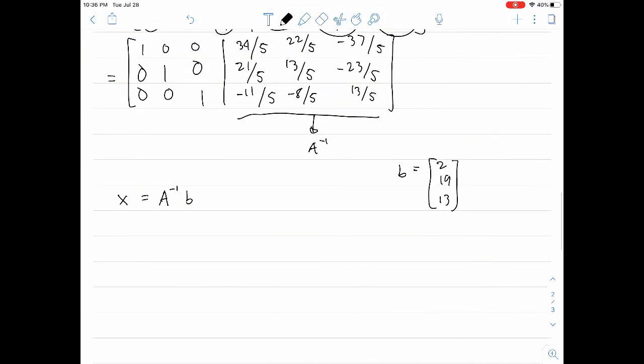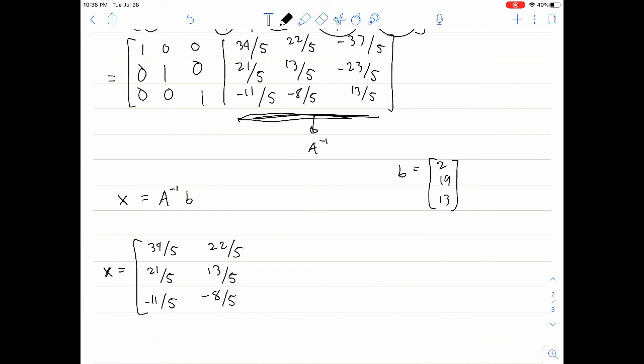So X is equal to all of these, 34 over 5, 21 over 5, multiplied by B, which is 2, 19, 13.